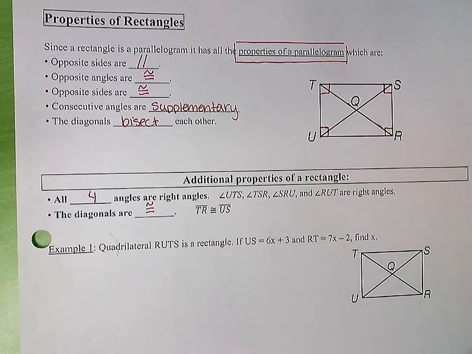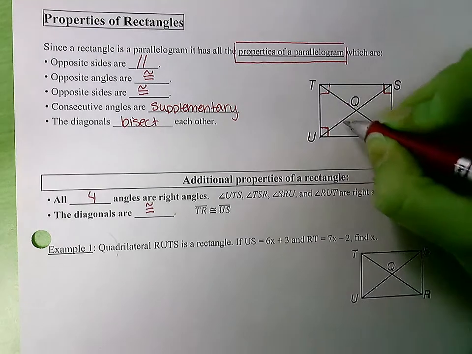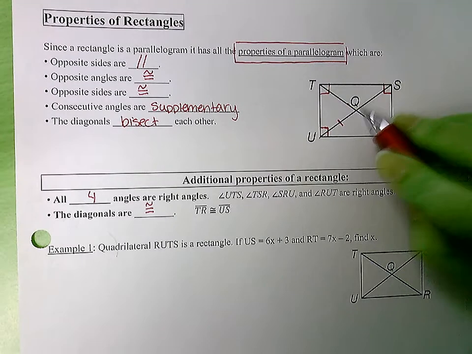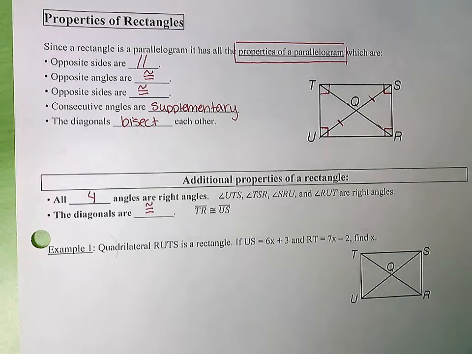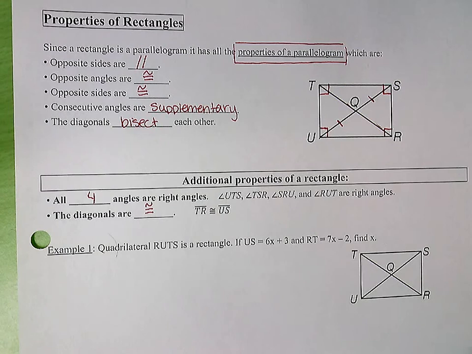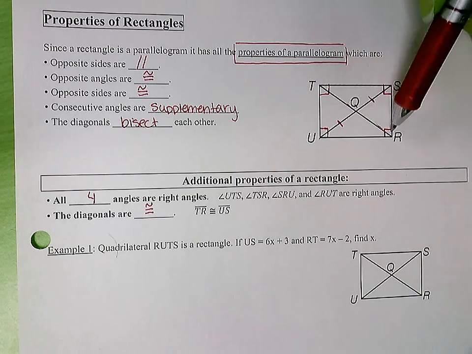Going back to our properties of parallelograms where we said the diagonals bisect each other, I could say UQ is congruent to QS. That's a property of parallelograms. And TQ is congruent to QR.